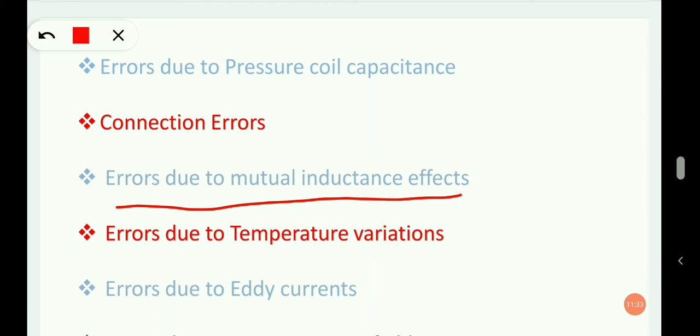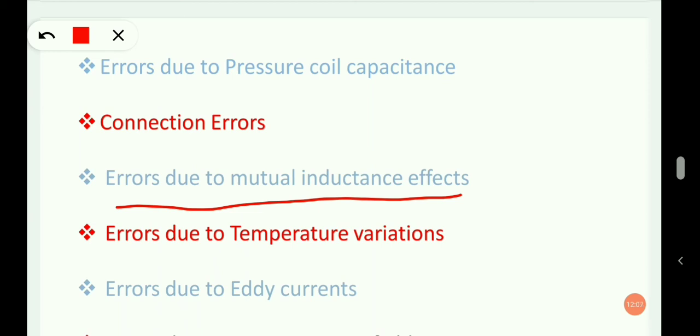At power frequencies, these errors are very low, but they become prominent with an increase in frequency. These errors change the phase angle of wattmeters. When the pressure coil is connected on load side, the phase angle increases while it decreases when the current coil is connected on load side.